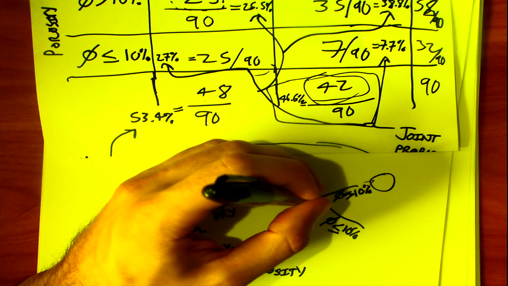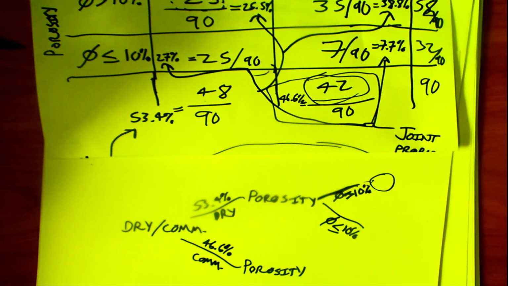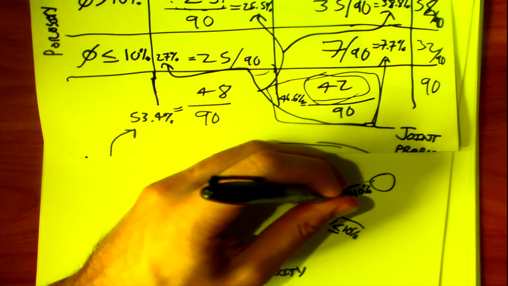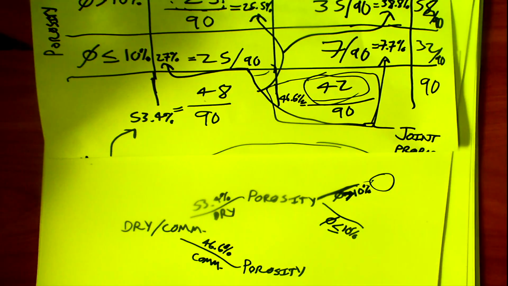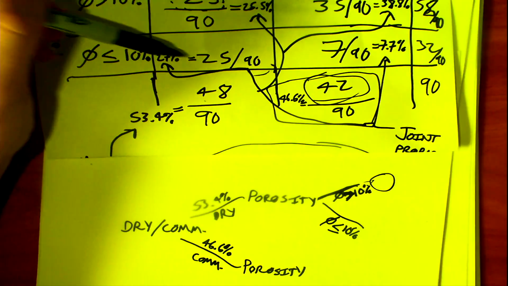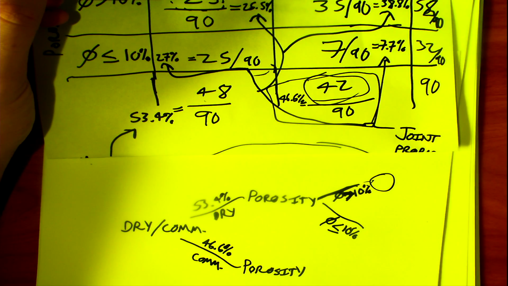Oh, are we doing less than or greater than? This branch is greater than. Then 25.5%. Okay, where does that come from again? Right there, the 22 divided by 90. Yep.